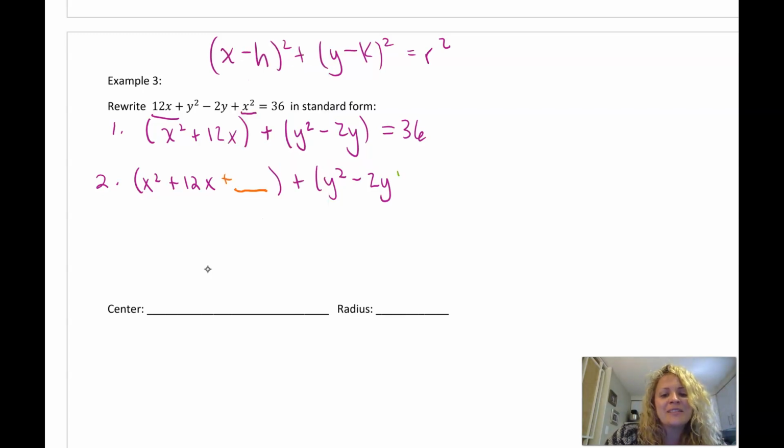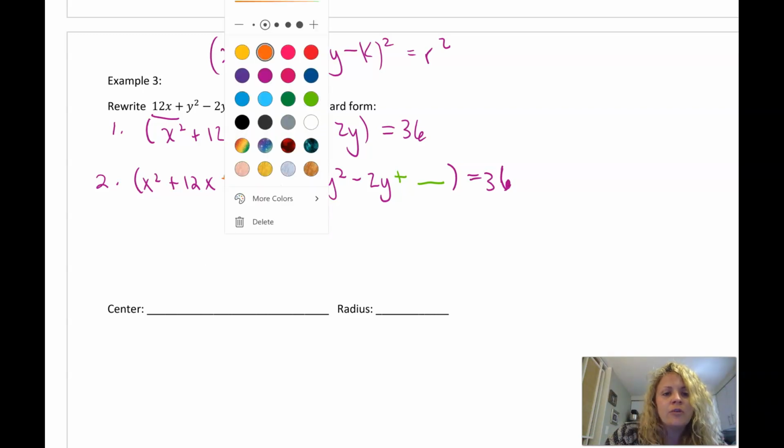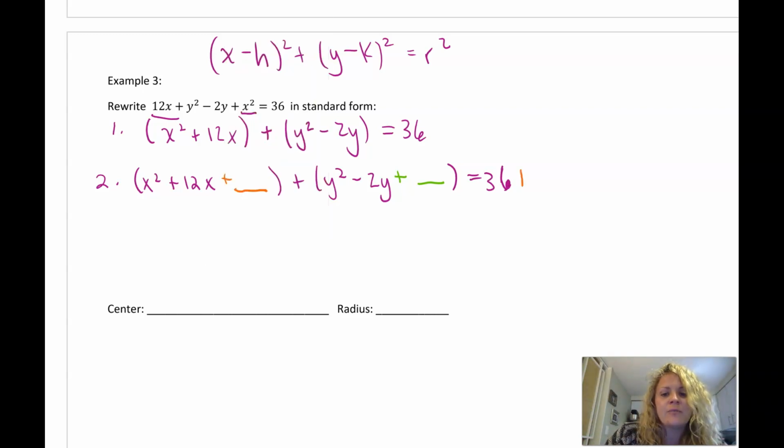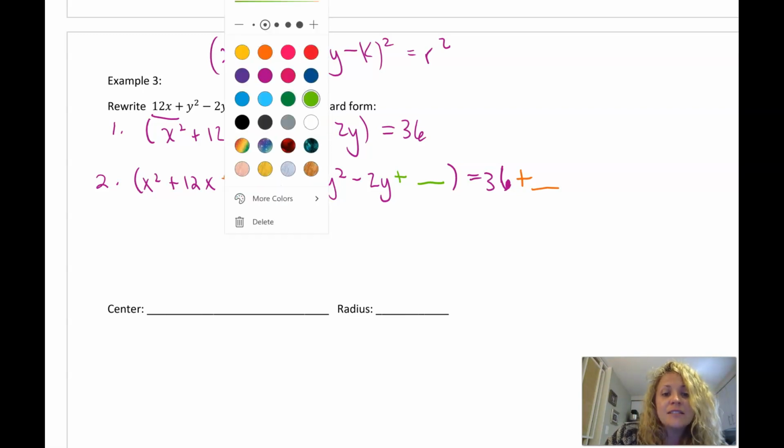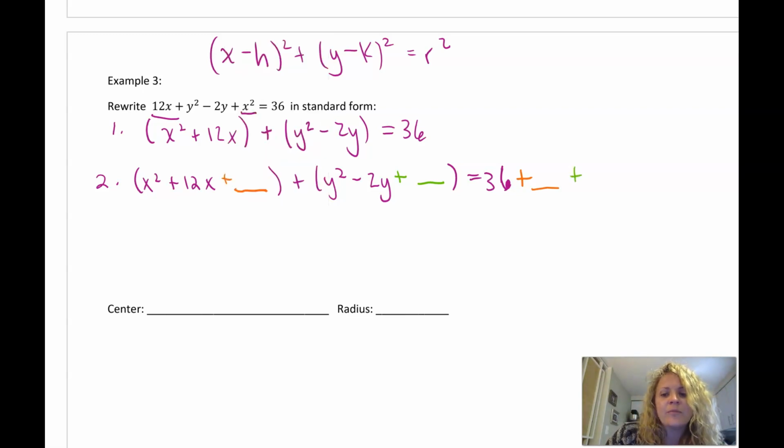Well, I guess it could be the same number, but I can tell it's going to be a different number. Some different number that I could add there to complete the square. And then again, whatever we do to the left side of the equation has to also get done to the right side. So the number that we added when we completed the first square has to get added. And then also the number that we add when we complete the second square has to get added.